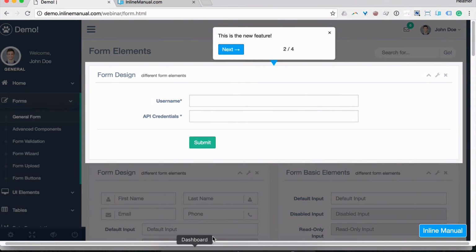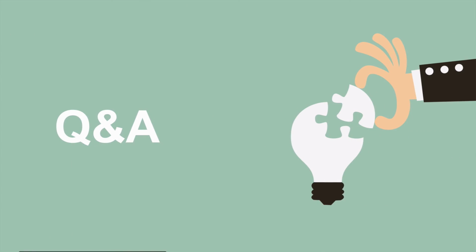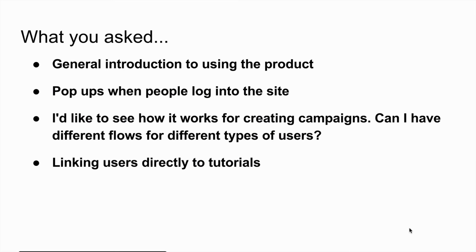So let me just see. All right. It looks like there were no new questions, but what we saw asked in the registration was a common question, obviously, a general introduction to using the product, and I think we've covered all the basics there. Pop-ups when people log into the site, that was the welcome screen we created, and using the auto launcher.